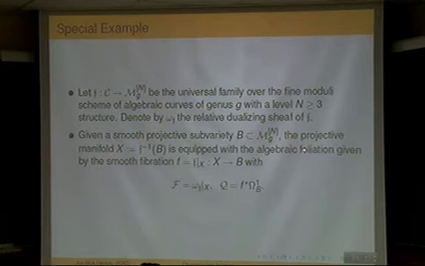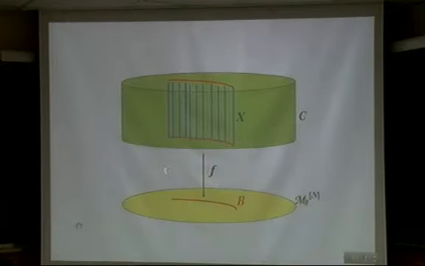Then you have this fibration, so it has an algebraic foliation, as I explained. This is a trivial foliation, just given by the fibration of a smooth morphism. And the fibers are just curves. And in this case, as we saw before, this F is the relative dualizing sheaf, and Q is the pullback of the sheaf of differentials. So here's the picture. So here I have a universal family of curves over the moduli of curves.